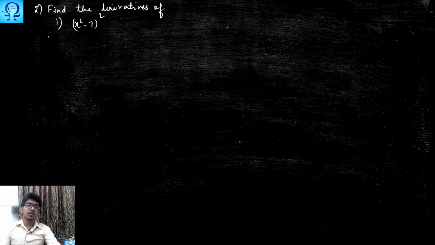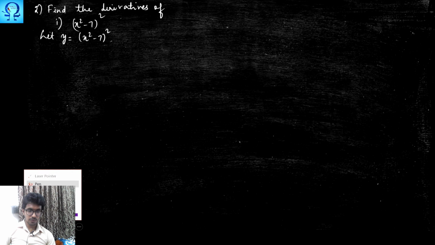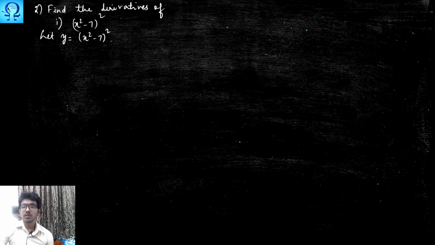Initially let us take y as x square minus 7 whole square. I said this may be done in two ways. What are the two ways? Way one is to make use of the a minus b whole square formula, that is a square minus 2ab plus b square.